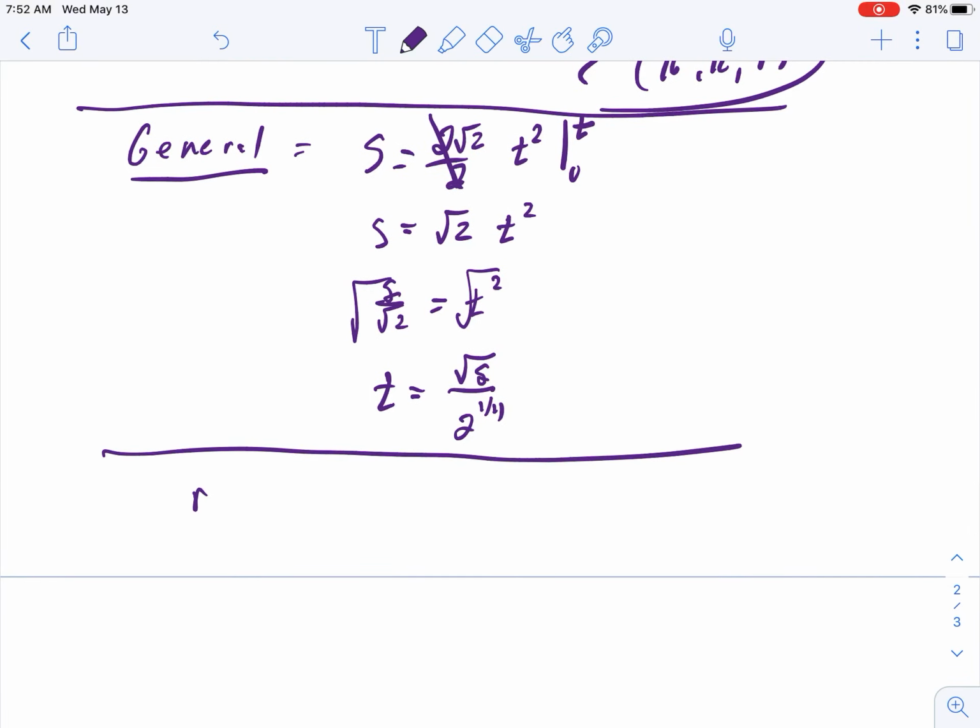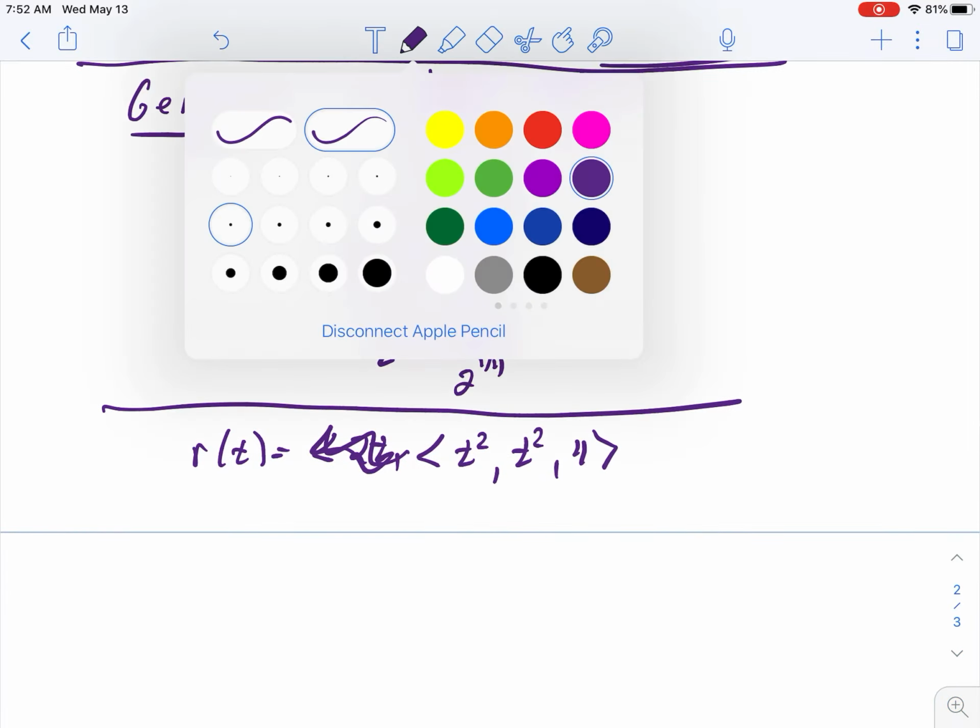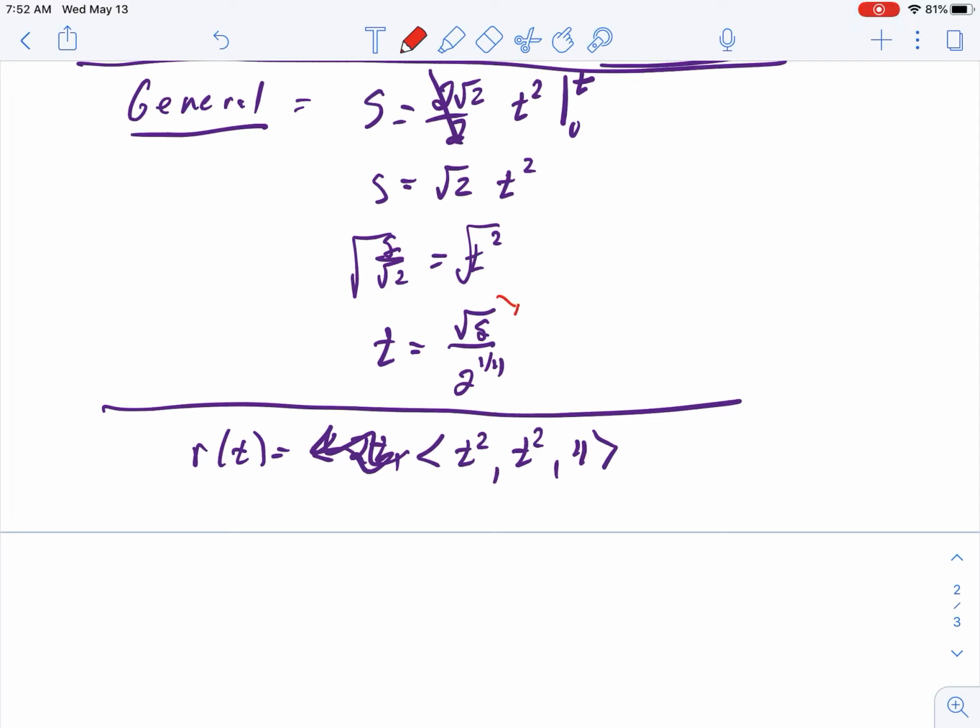So let me come back and rewrite our equation here. We had r of t equals t, t squared, and 4. Okay, so what we want to do here is take this and replace each one of those.